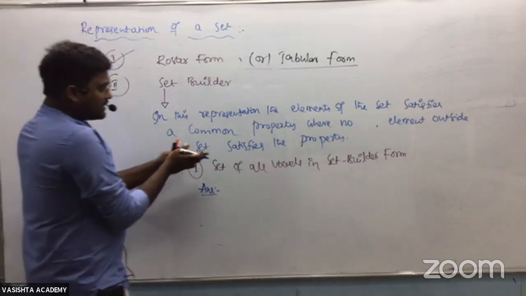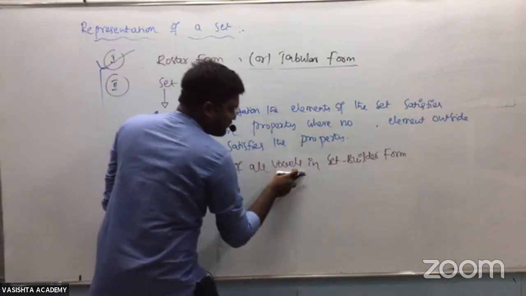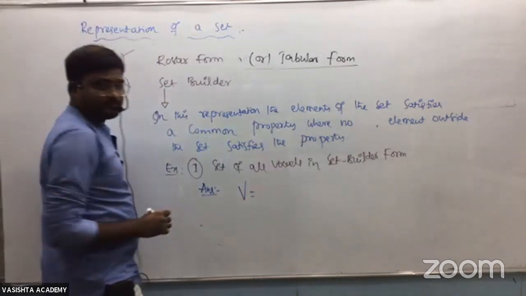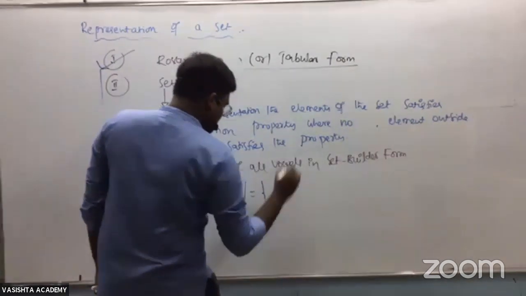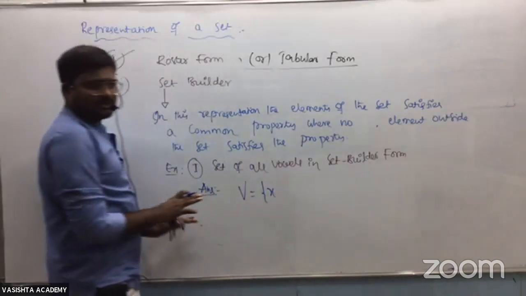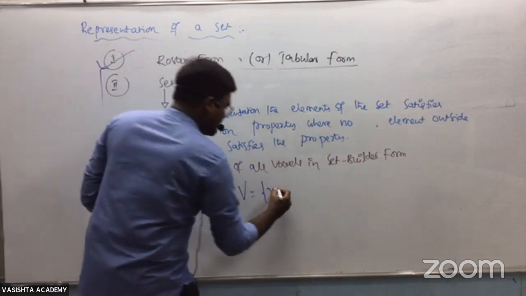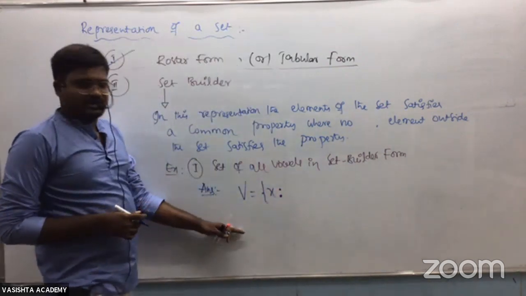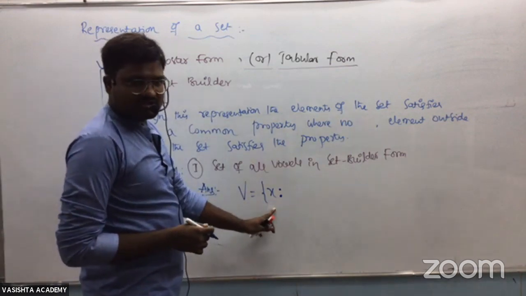That means in this form, if I want to represent the set of vowels using set builder form, I'll write it like this. Let me assume it as B. It will be written as the set of all x. x is some element, and here I'll use the such that symbol. I already told you yesterday. x such that.